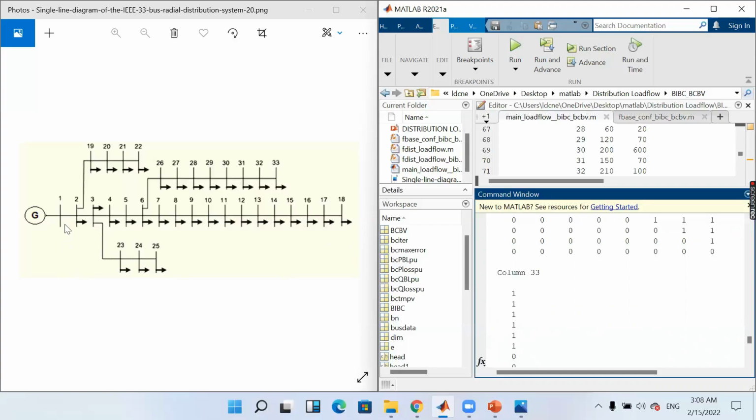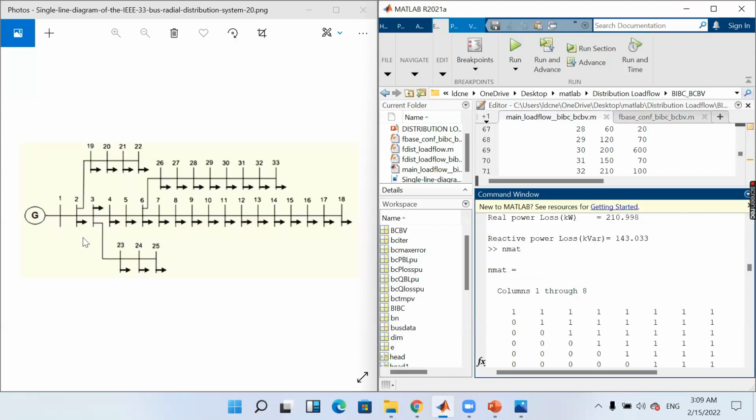For feeding the load of bus 1 also, power must go through bus 1, as well as for feeding the load of any other bus, power must go through bus 1, that is the source. In the second row, column 1 has the value 0 because for feeding the load of bus 1, power does not have to flow through bus 2.